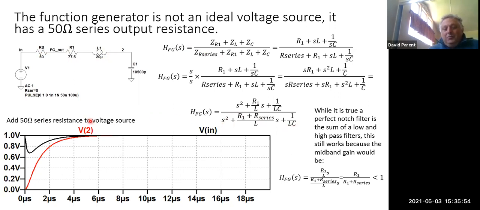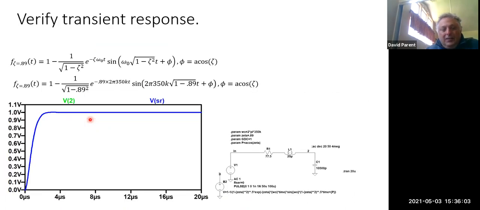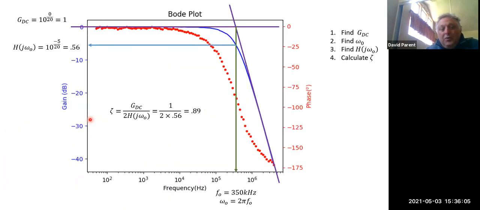And so the reason why the Bode plot worked is because I didn't assume what V in was.